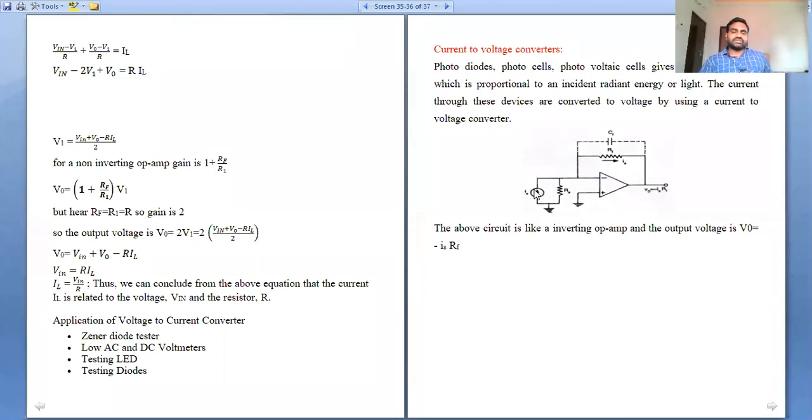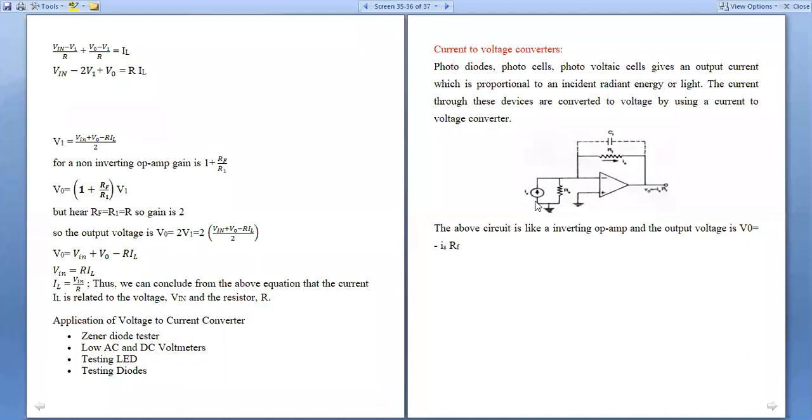What actually happens if we connect a photovoltaic cell, solar cell or photodiode at this point is that the incident light falling on it, the incident radiant energy or light energy, is converted into current.